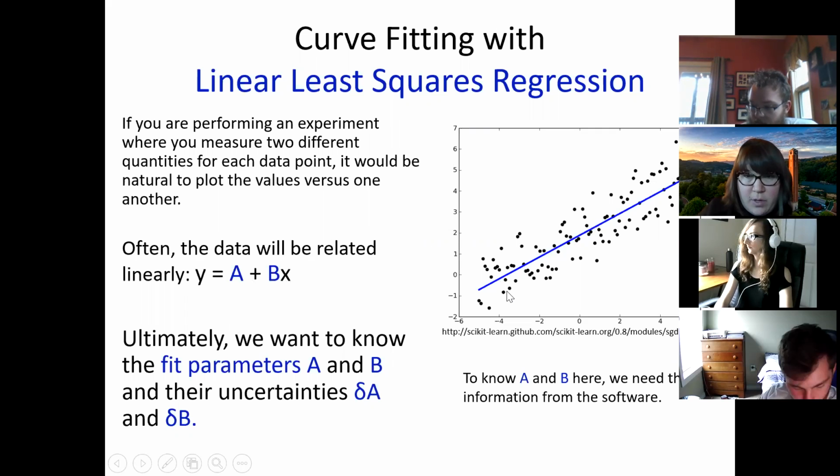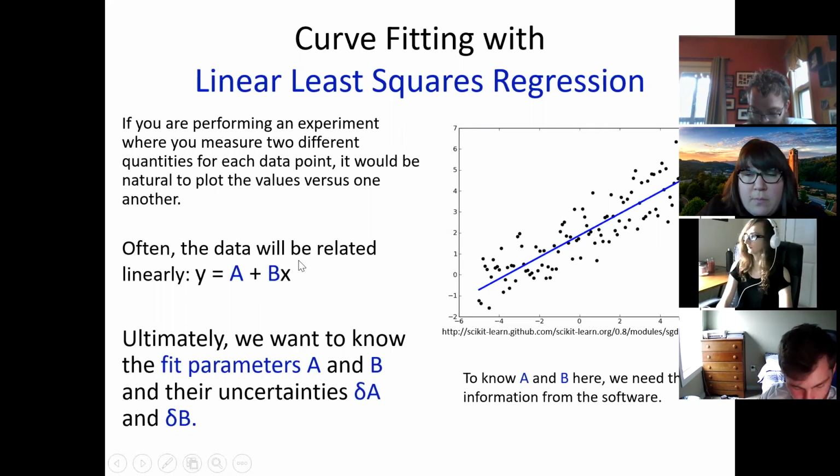So here's an example of a whole bunch of data points that are meaningless, just random data points, but obviously linear. And then there's a linear least squares regression line placed in here so that it's basically the minimum distance away from all the points. That's how it's done.